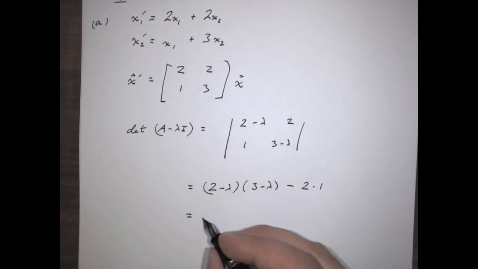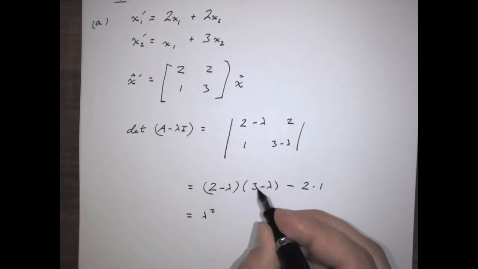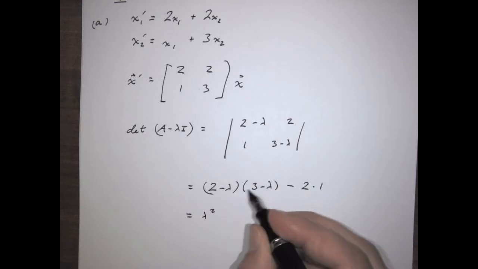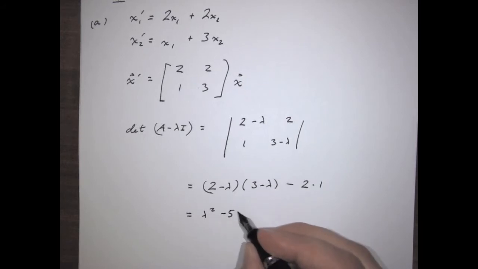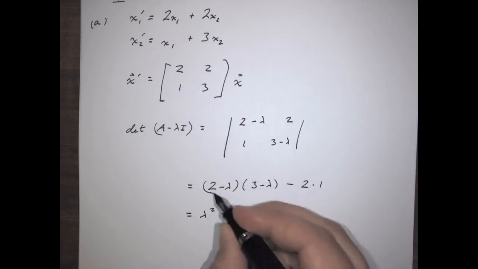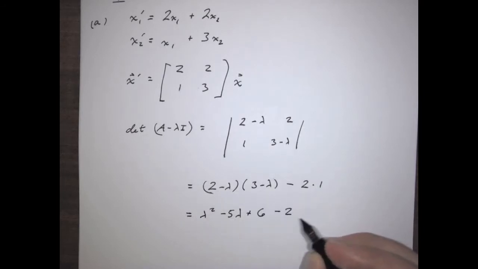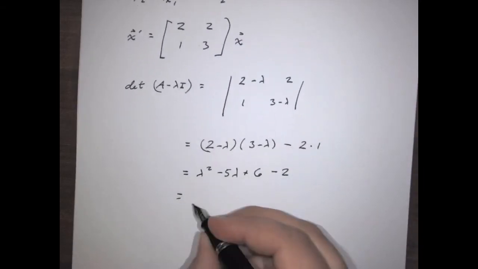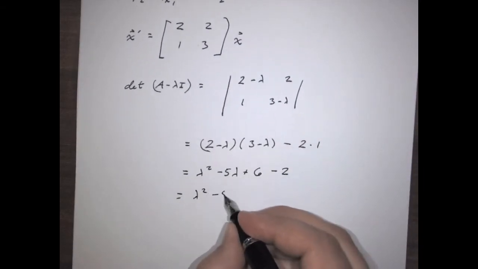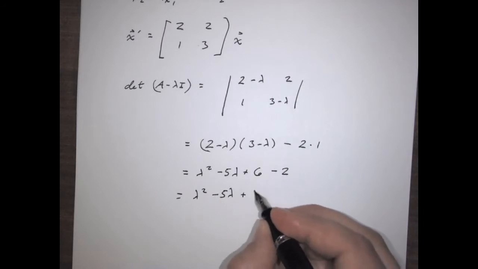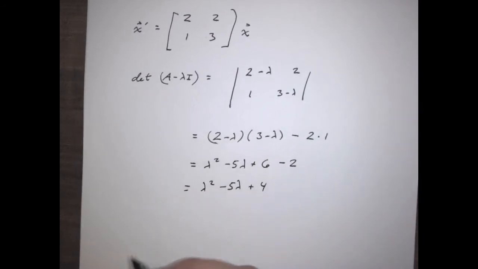So you multiply that all out, and it's going to be a lambda squared. We're going to have minus 2 lambda minus 3 more lambda for a total of minus 5 lambda. We're going to have 2 times 3 is so plus 6 minus 2. So it's going to be lambda squared minus 5 lambda plus 4, and we set that equal to 0.